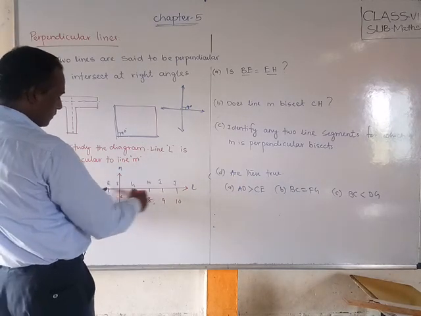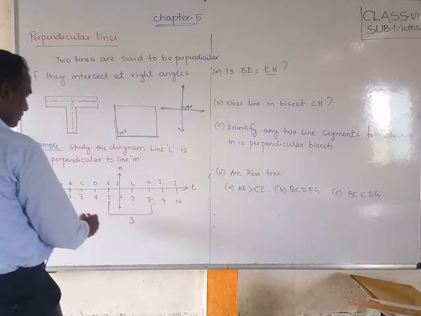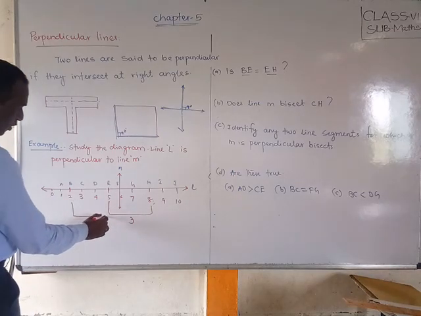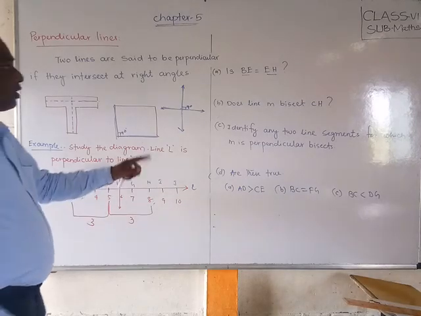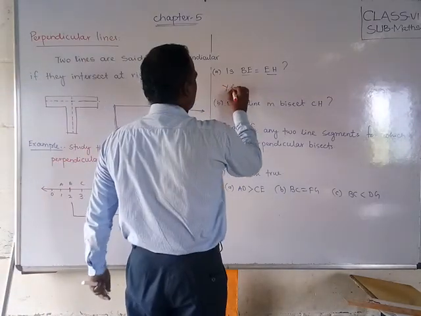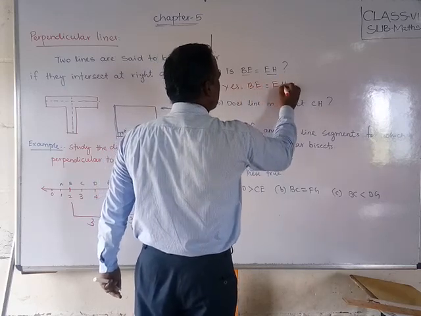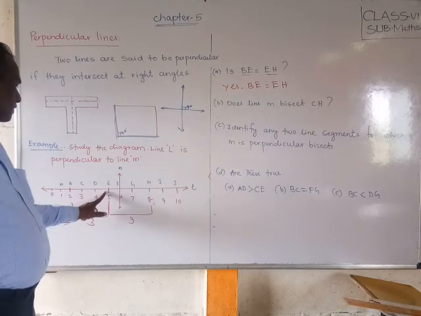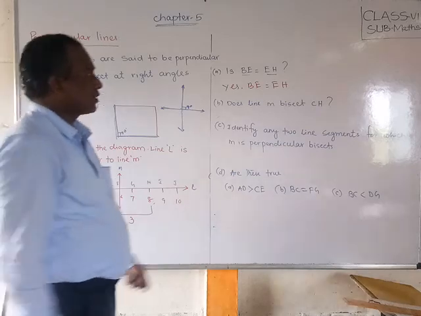E to H, from here up to here, is 3 units, and B to E is also 3 units. So both are the same. Hence, yes, BE is equal to EH. Did you understand, friends? BE is 3 units. EH is 1, 2, 3 units. So both are the same.